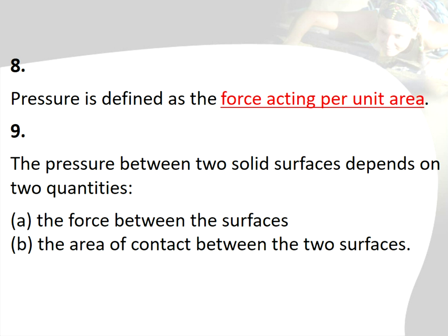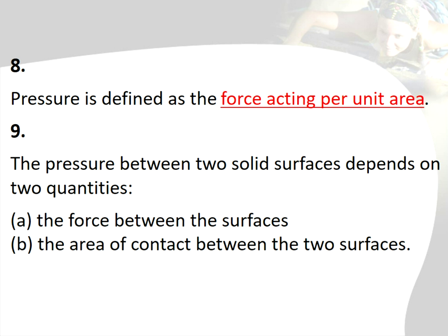Then after that, what is the formula? Then you go and memorize the formula, P equals F over A. Wow, so many things to memorize. But if you are smart, you will realize that we can get the formula from the definition. You memorize this one, you get the formula. Understand? So what do you think is the formula for pressure? Force divided by area, that's it.